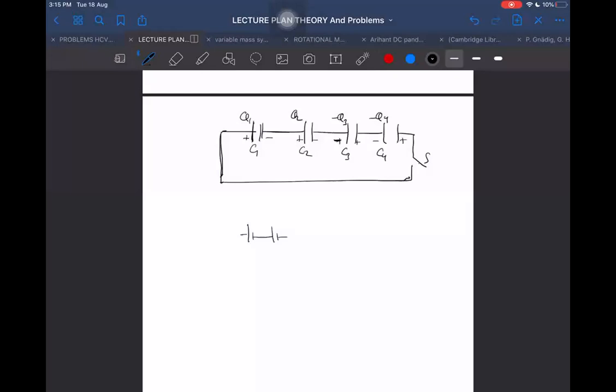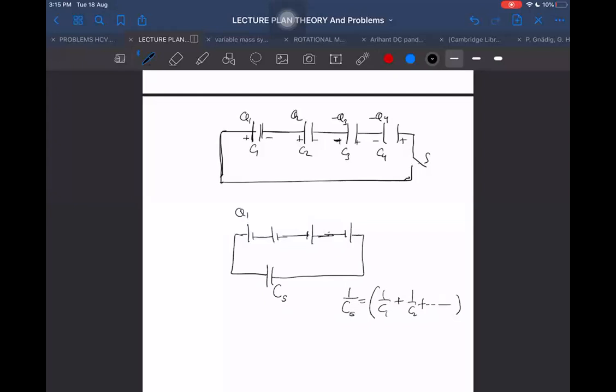The third one is a battery, but with opposite polarity. The fourth one is a battery, but with opposite polarity. And in series with the effective capacitance of all these, that will be CS. What will be CS? 1 by CS is equal to 1 by C1 plus 1 by C2 and so on.